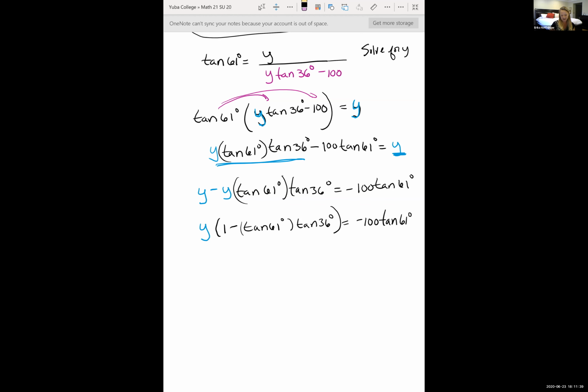We're almost there. We need to get y by itself. Now we can do it. We have this as just one grouping with y, so we can divide both sides by that big parentheses. And so we get y is equal to negative 100 tangent 61 degrees all over 1 minus tangent 61 degrees times tangent of 36 degrees.